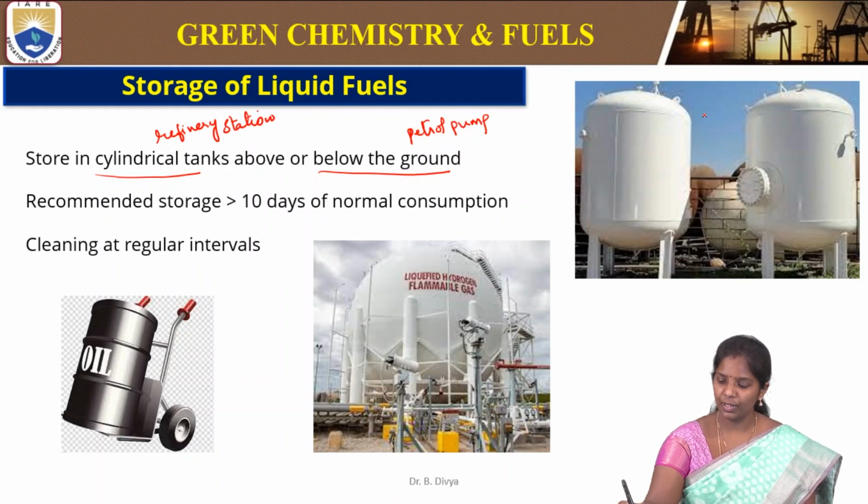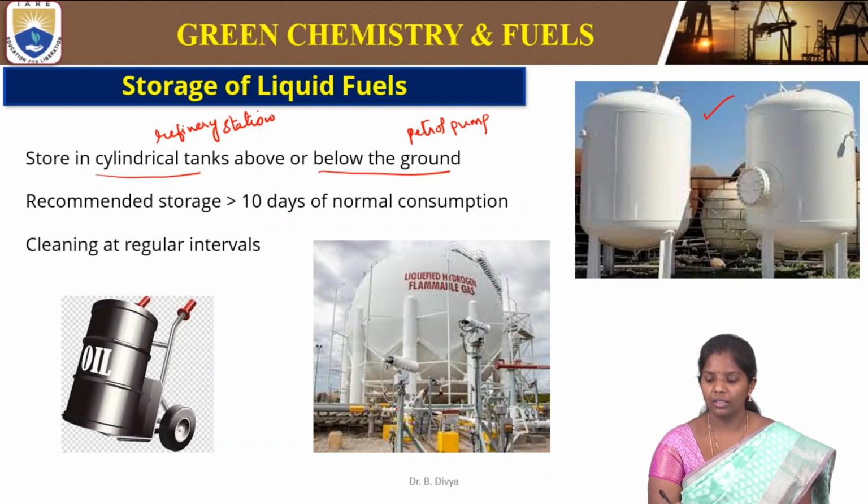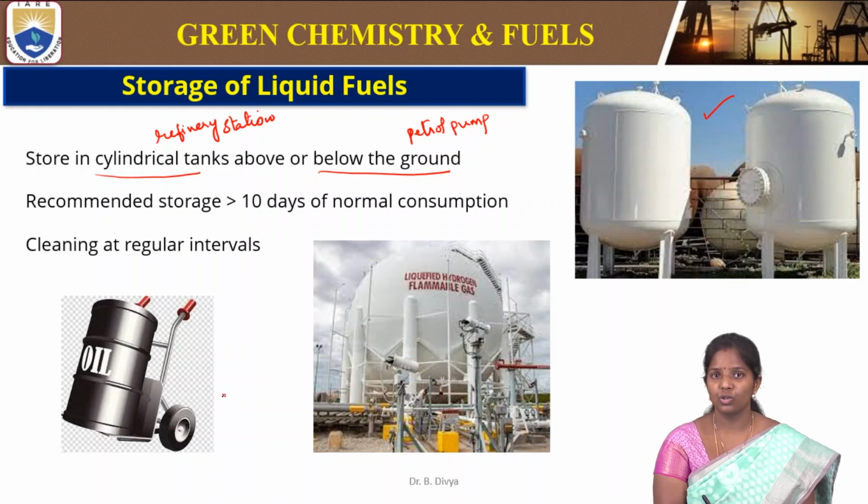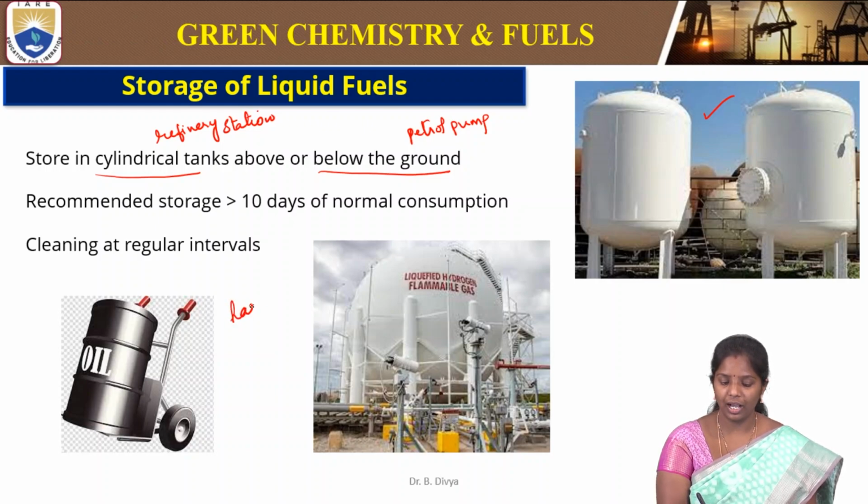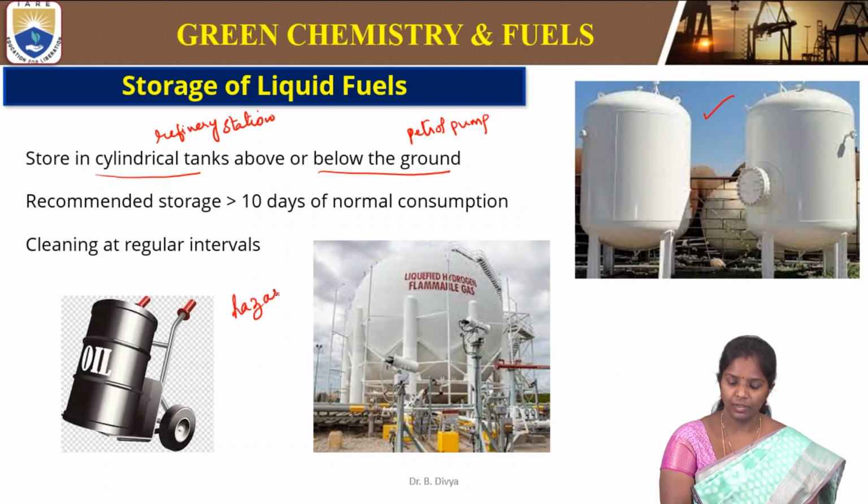So if you see in this picture, these are stored in cylindrical tanks. Also, during transport, if we see road transport, the fuel is transported with a hazardous label, a label like flammable liquid.